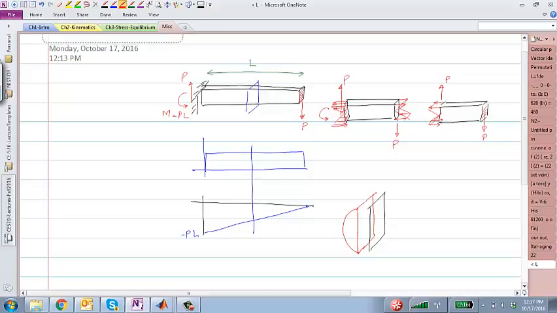The greatest shear is in the center of the cross section, and the shear dissipates away from the center towards the ends.